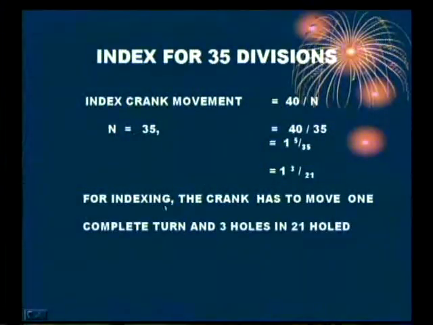And 1 and 3 by 21 means each time the crank has to move one complete turn and, in addition, another 3 holes in the 21 hole circle. Like that, if you do it 35 times, the job will be indexed for 35 divisions equally.